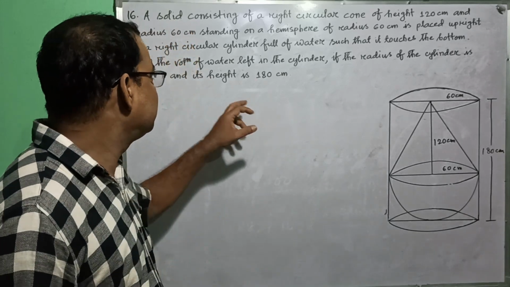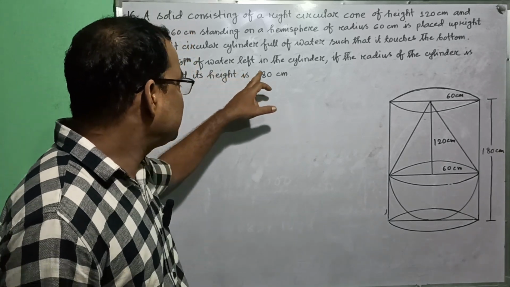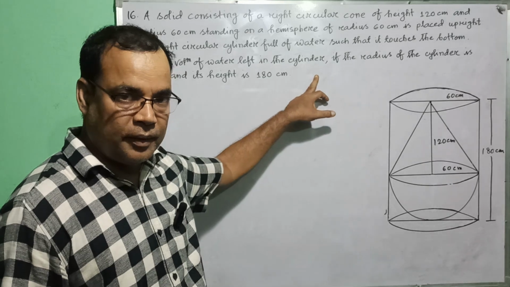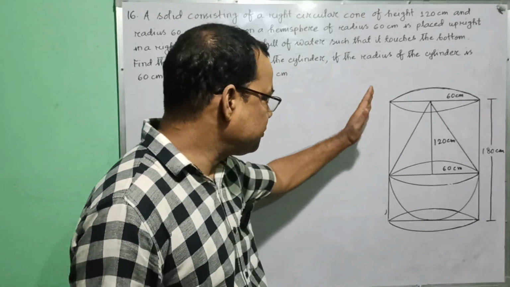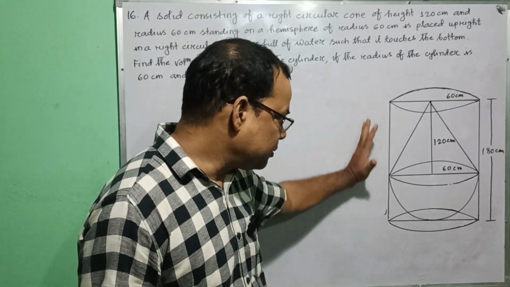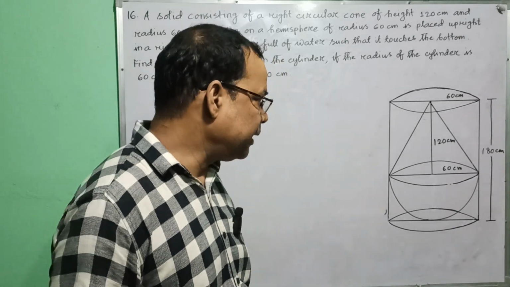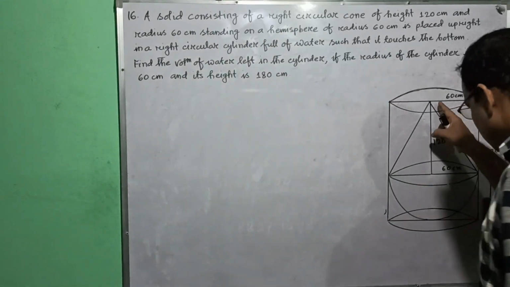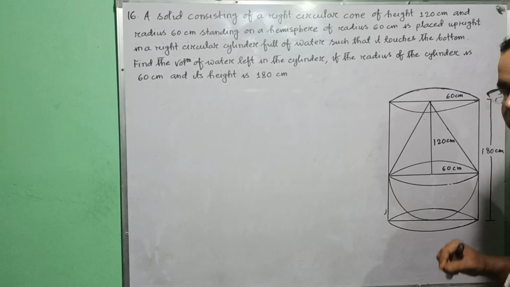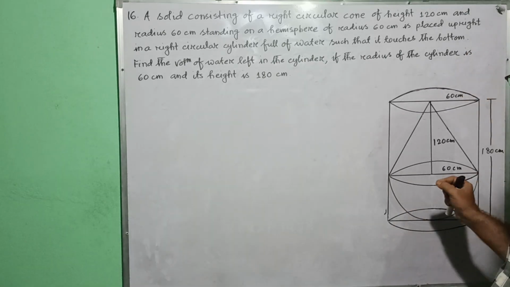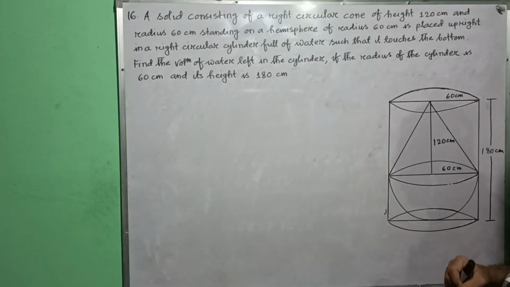So what do we have to find? We have to find the water left in the cylinder. So the water left in the cylinder, how can we find it? First of all, we find the total volume of the cylinder, and then we find the volume of this solid and subtract it. If we subtract it, then we get the volume of water which is left in the cylinder.